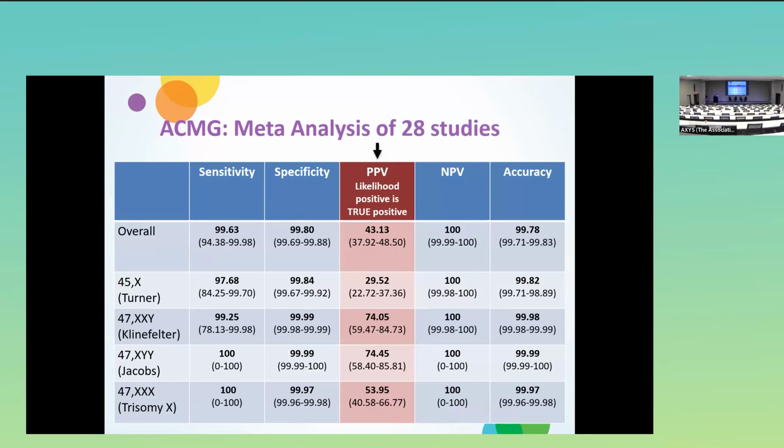Breaking it down by individual conditions, Turner syndrome, also referred to as 45X, has the poorest positive predictive value. And then we see a little bit better with trisomy X, and a little bit better, but even at best we see about 74% positive predictive value in XXY and XYY. So there's definitely a big gap when you get this type of result.